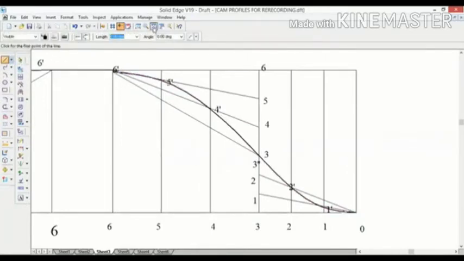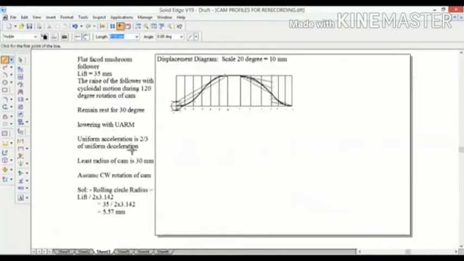Next we have dwell. As per the dwell for the remaining, nothing is given for further. So total angle 120 plus 30, 150, 150 plus return stroke 120, 270 is completed. So remaining 360 minus 270 is 90 degree.